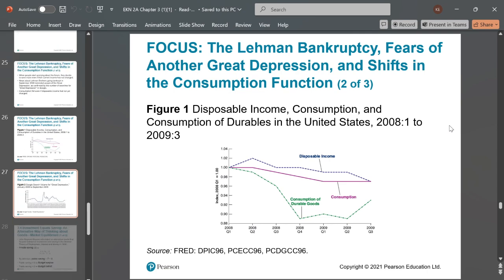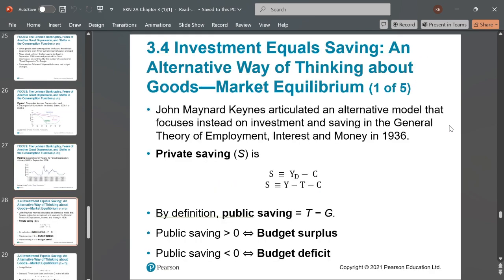And then we go to private saving. Private saving is basically the saving that we as individuals do. So our private saving is equal to our disposable income, what we take home, minus what we consume. Think of it in accounting. Let's talk about back in high school or primary.